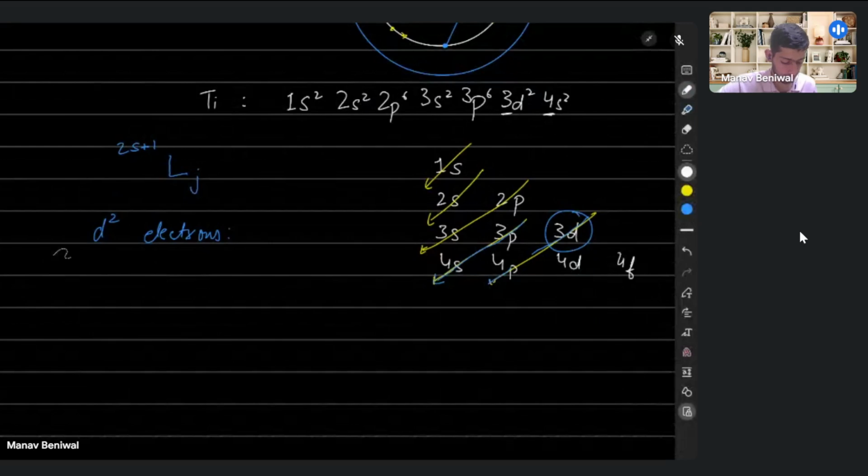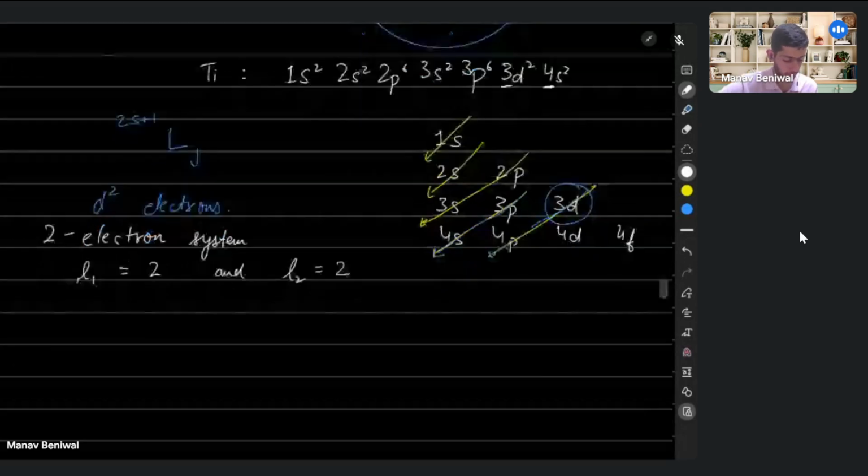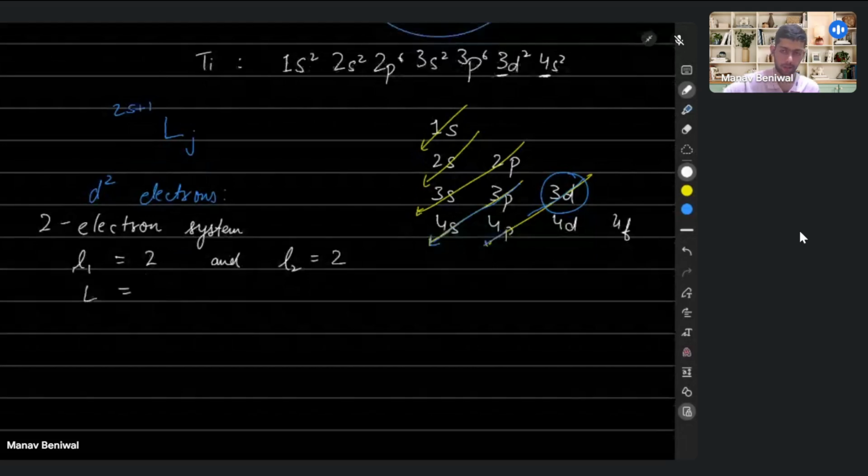Now this is a two electron system. For both of them, they are d electrons, so L1 and L2 are 2 for both of them. Now if we use LS coupling, on adding the total value of L, they can go from L1 plus L2 all the way down to L1 minus L2.